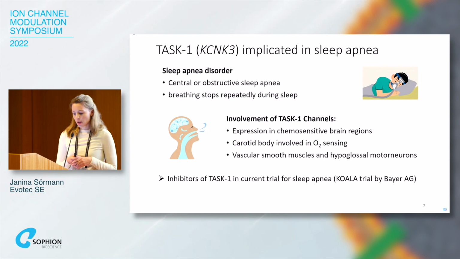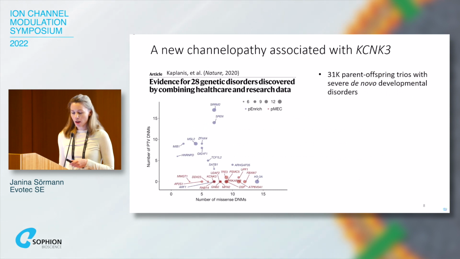Indeed, there are currently clinical trials, the so-called KOALA trial, where inhibitors for TASK-1 are tested for obstructive sleep apnea. However, this evidence is mostly circumstantial, and there is no clear mechanistic link between TASK-1 and sleep apnea.